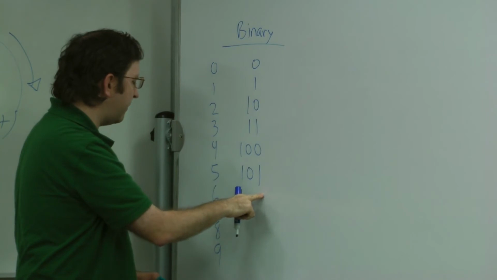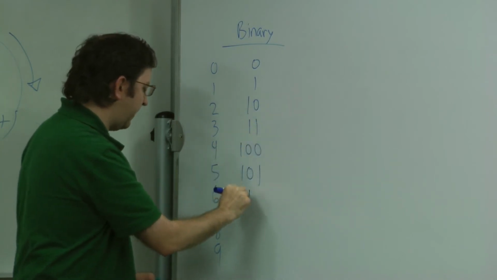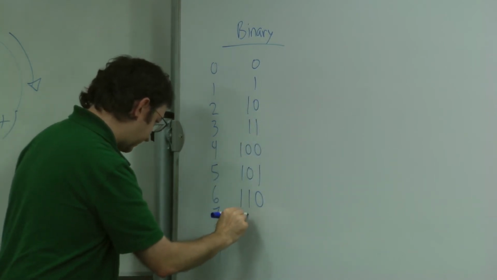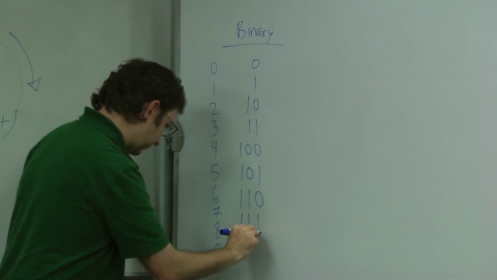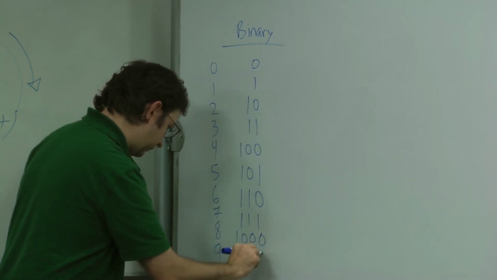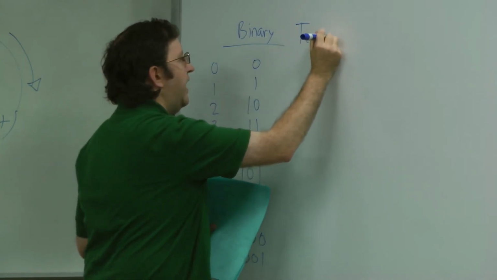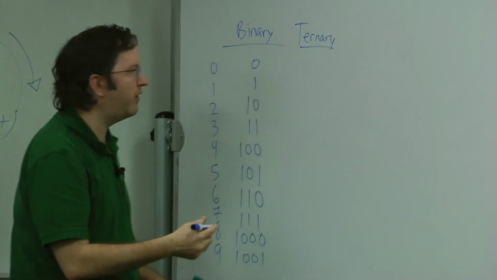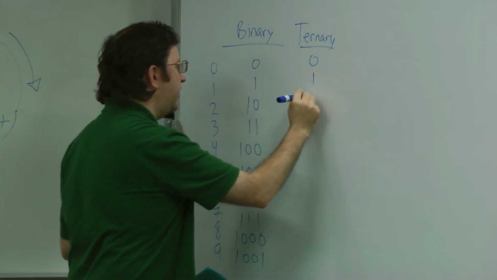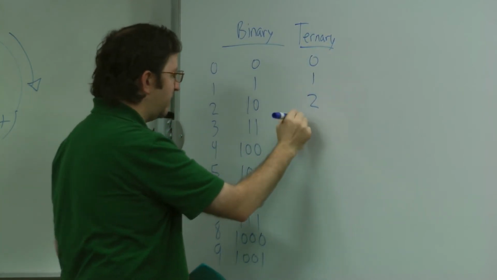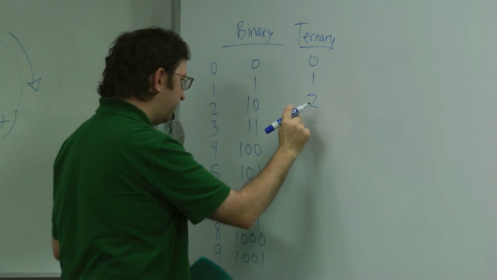But if we add 1 to 1, that becomes 0, and it carries over to 1. Well, in basic ternary, we have the same idea except that we have 3 digits, and so 2 plus 1 is 0, and it carries over to 1.